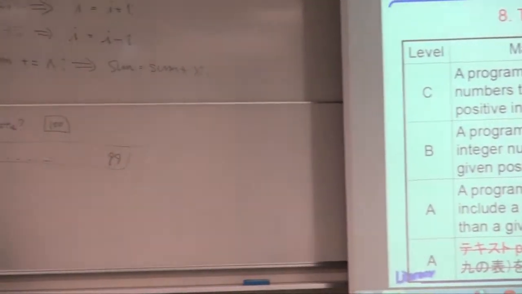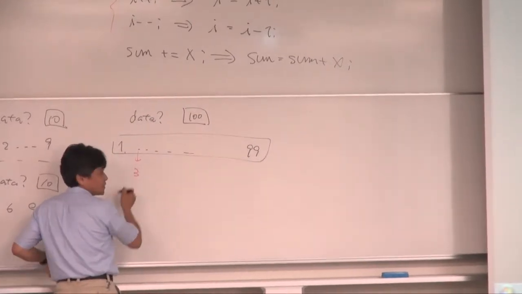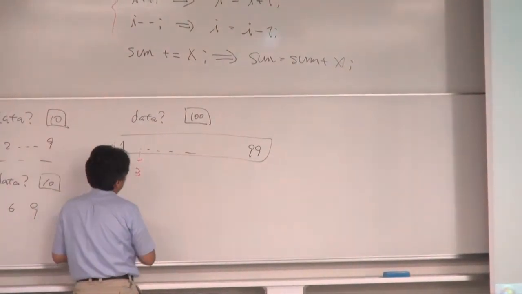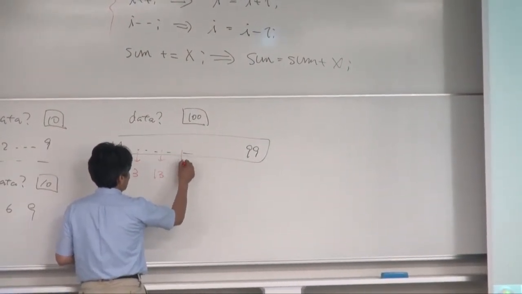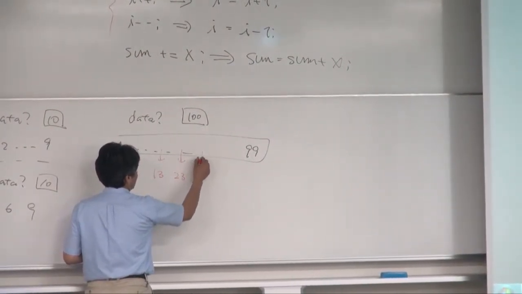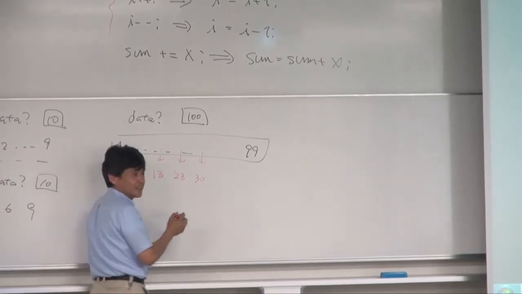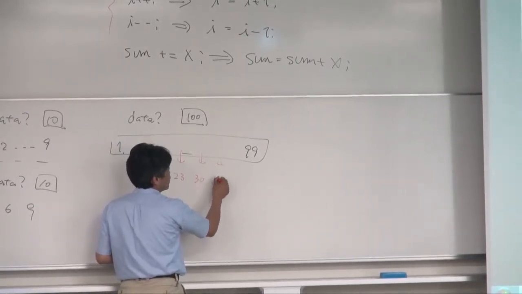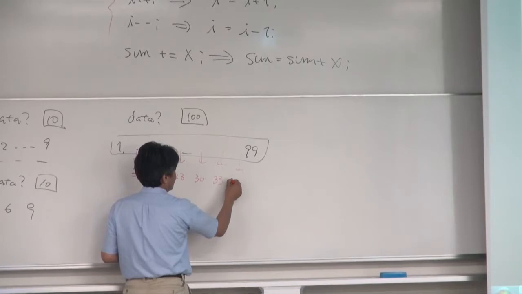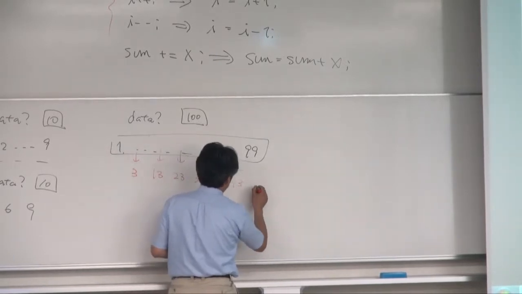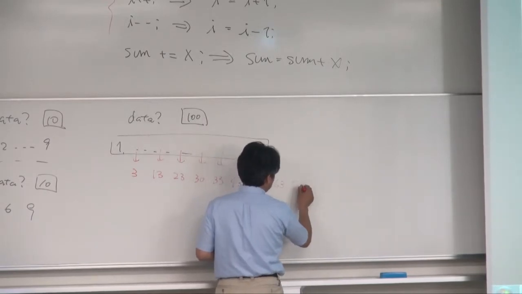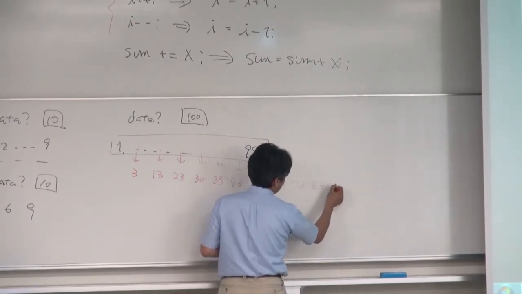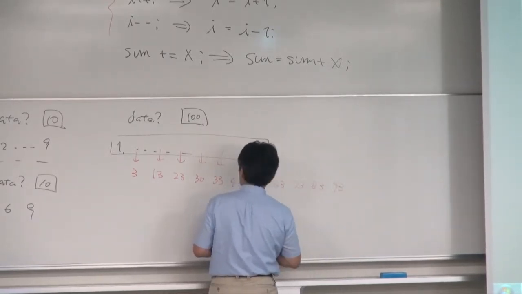So 3, 13, 23, 30, 33, 43, 53, 63, 73, 83, 93.